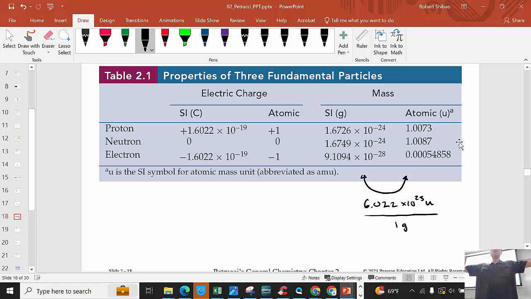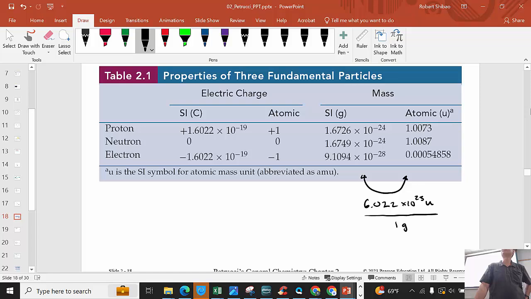For example, if the atom is a football field in size, then the nucleus would be like a golf ball, something like that.